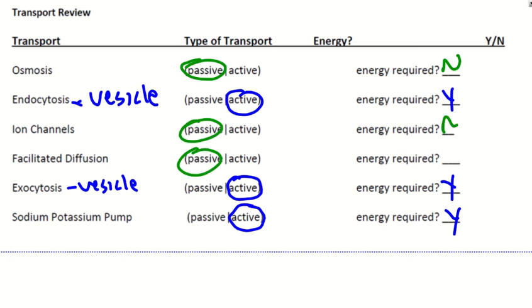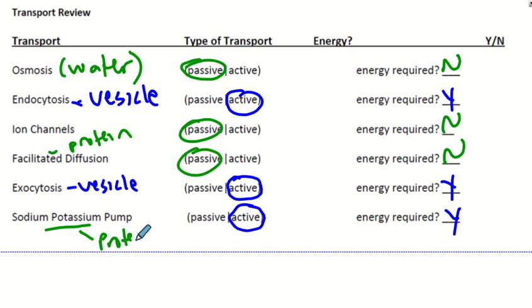So no energy required for passive. And remember, osmosis is dealing with the diffusion of water. And facilitated diffusion, once again, is using that protein help, which is what we also see with the sodium-potassium pump. So that essentially marks the end of cell transport.